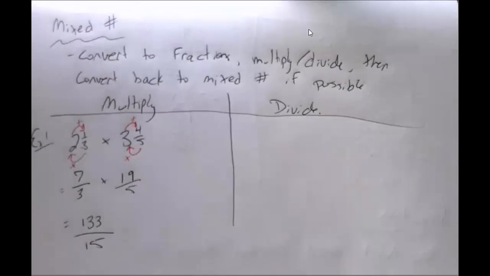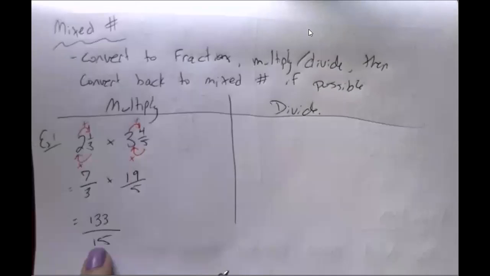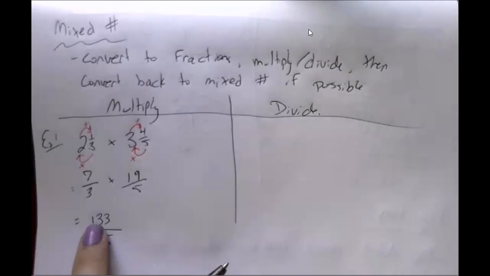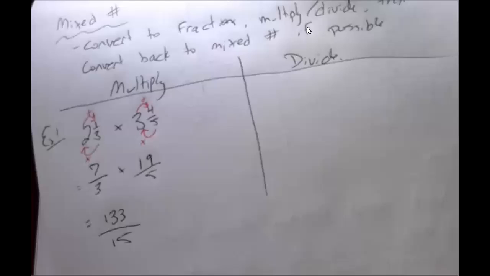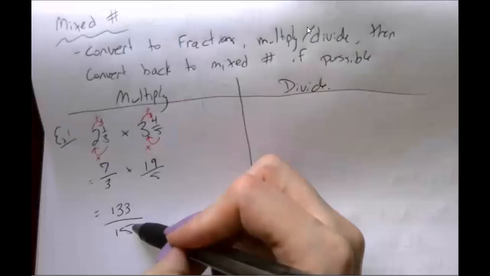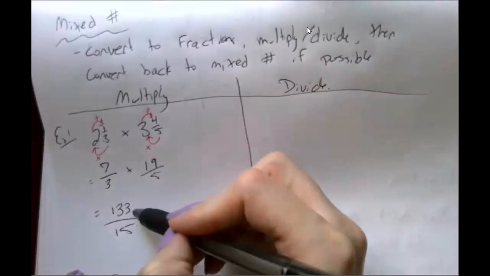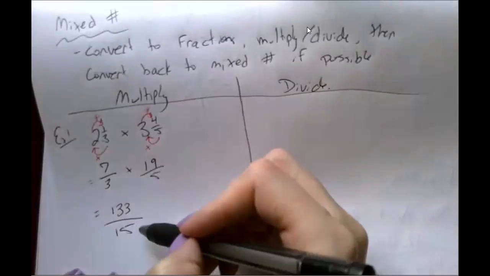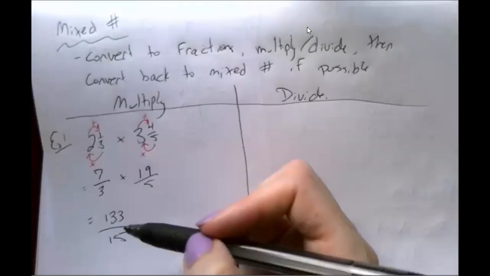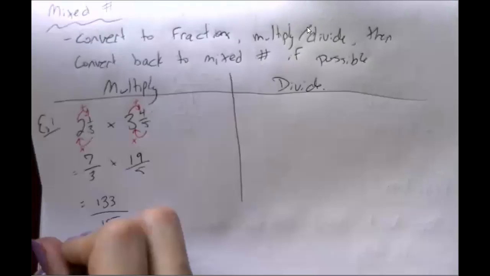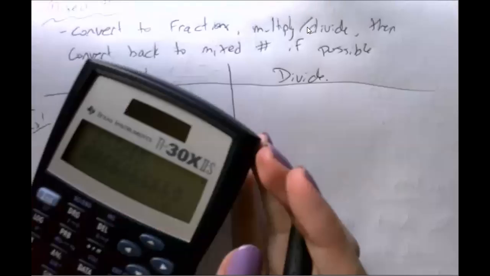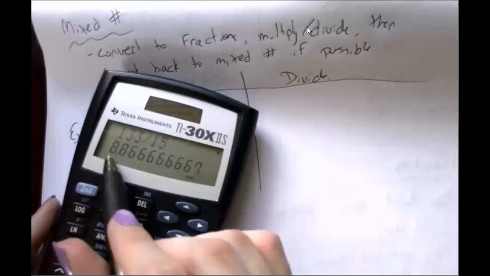So we're going to do how many times does 15 go into 133? And to figure that out, we just do 133 divided by 15. You'll get 8.87-ish. But we're just going to keep that whole number in front. So just the 8 that's in front of the decimal there.